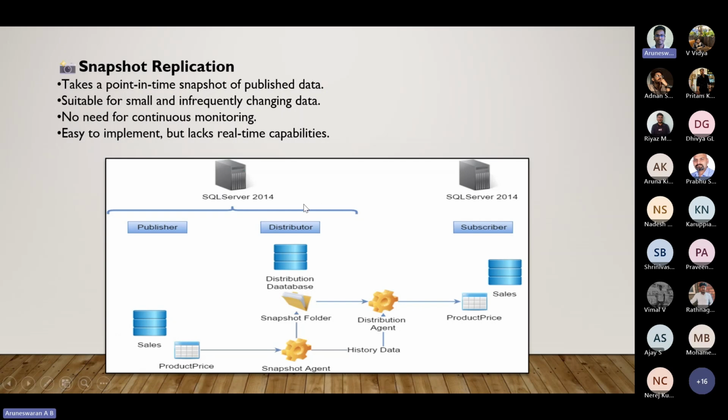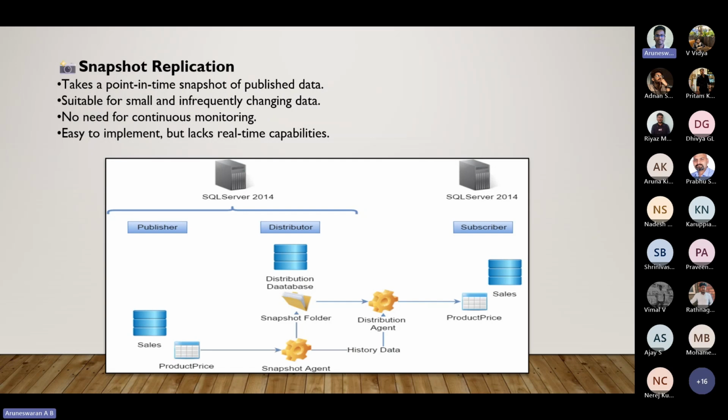Here I have given a sample architecture diagram of snapshot replication. Here I have mentioned the publisher, which is SQL Server 2024. In that publisher, I have one table, sales, and also a product price table. Then I have the distribution database. This database knows who my subscriber is and which data I need to push into the subscriber.